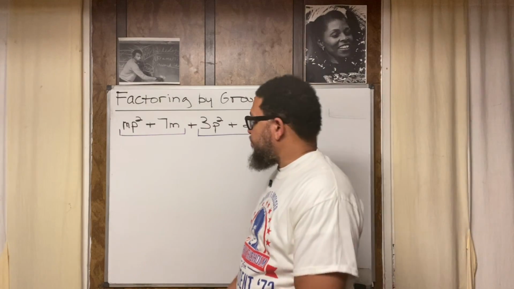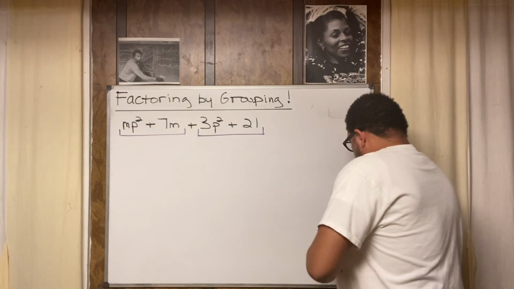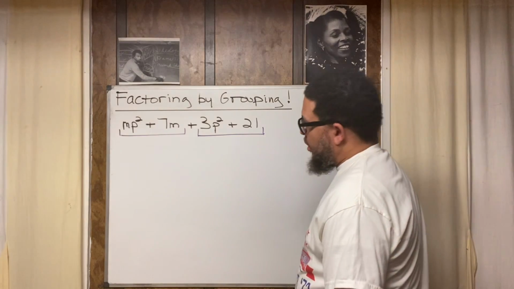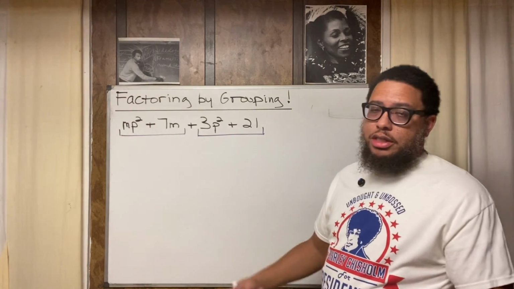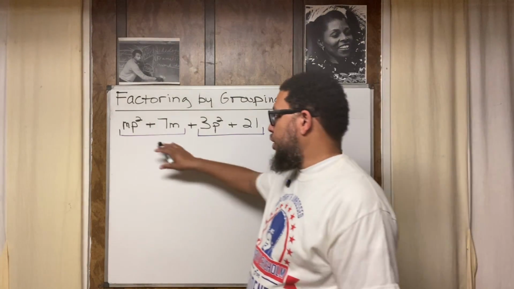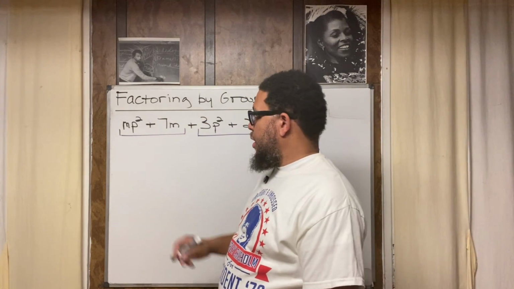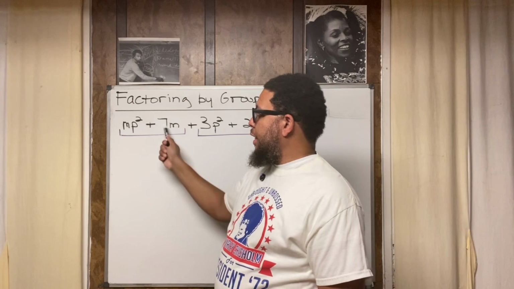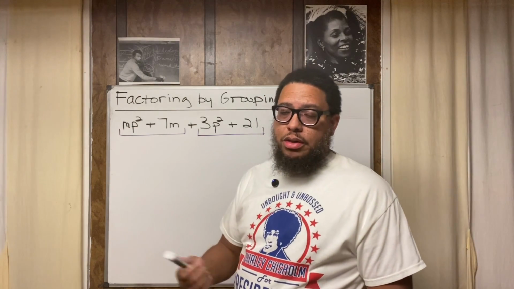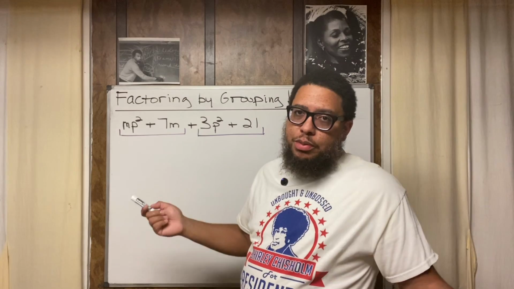All right, so now, like I said, you create groups and just find the GCF, pull the GCF out and factor that way. So in this group, what's the GCF? The GCF is M. If you look at the coefficients, 1 and 7, the GCF would just be 1, right?